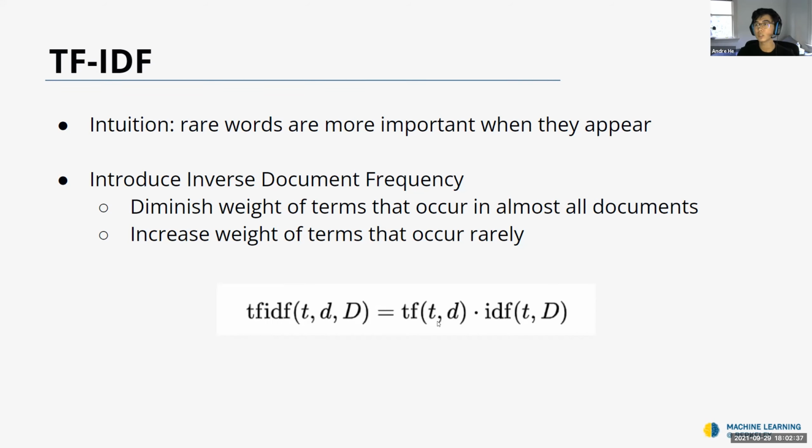The term frequency is very similar to bag of words. In bag of words, you just have a raw count of how many times a word appears. For term frequency, it's normalized, meaning that it adds up to 1 basically. And then IDF is the more interesting part, where you start to diminish the weights of frequent words.